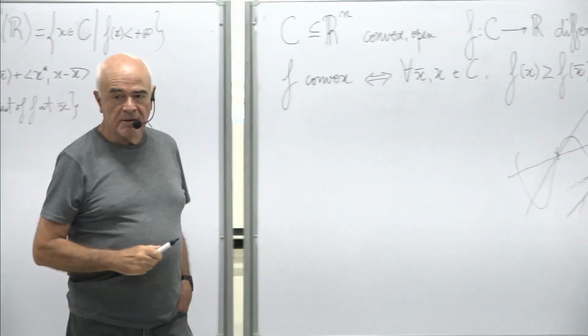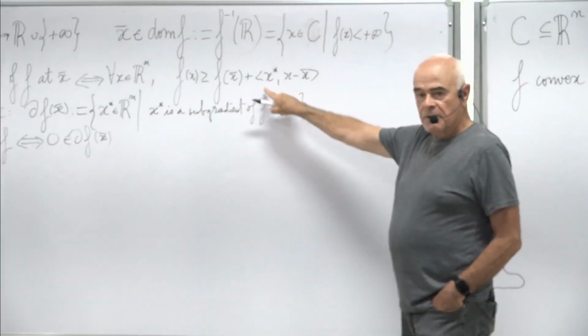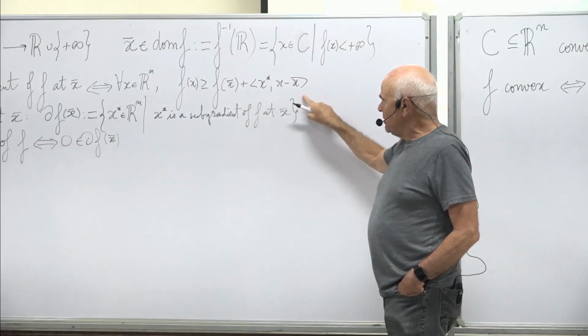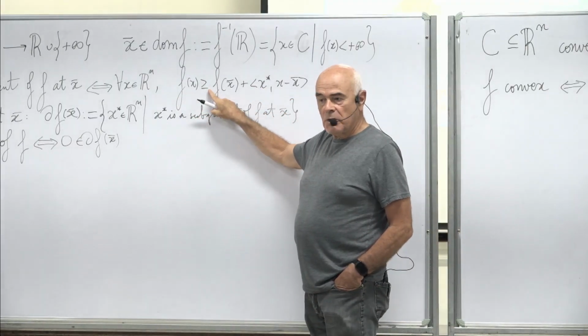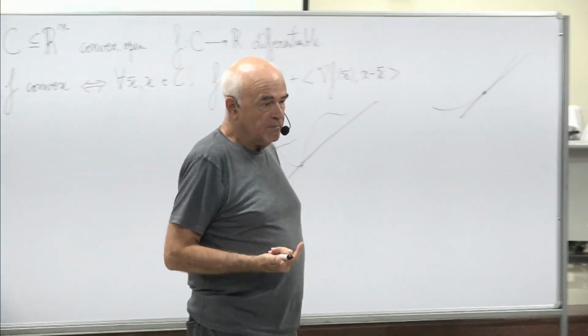This is evident. What is the condition of 0 being a subgradient? If 0 is a subgradient, this vanishes. So we get the condition f of x greater than or equal to f of x bar for every x. This is the definition of a global minimum.